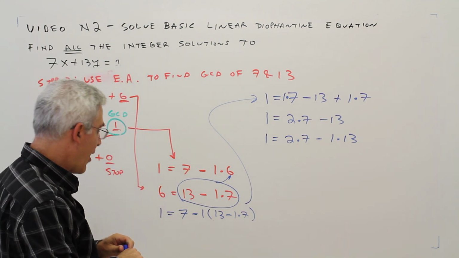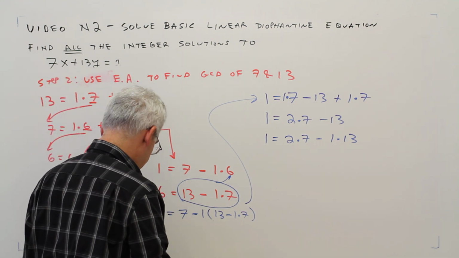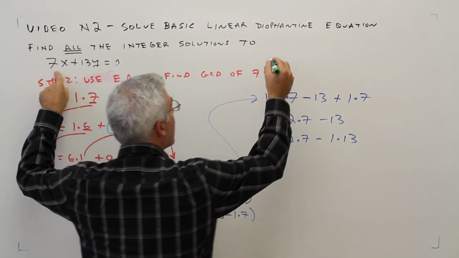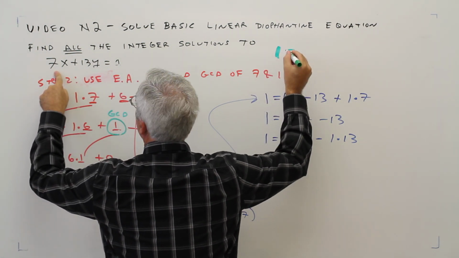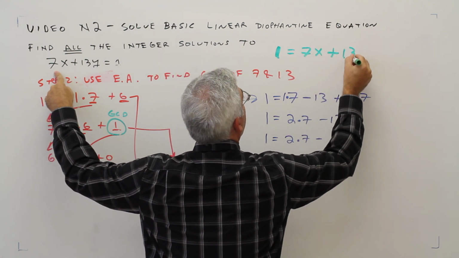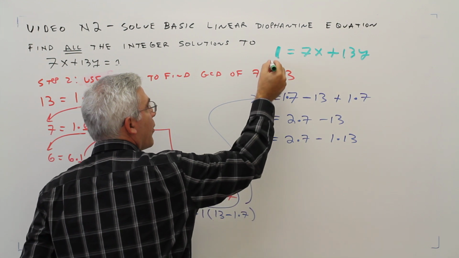Look at our original problem. Our original problem was 1 equals 7x plus 13y. Look what I've got going on.